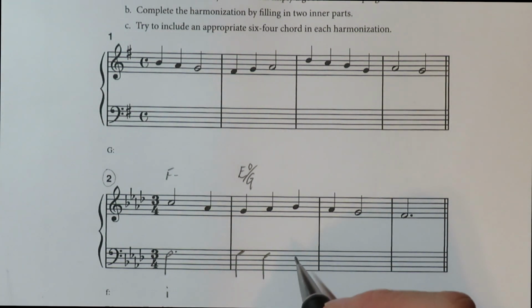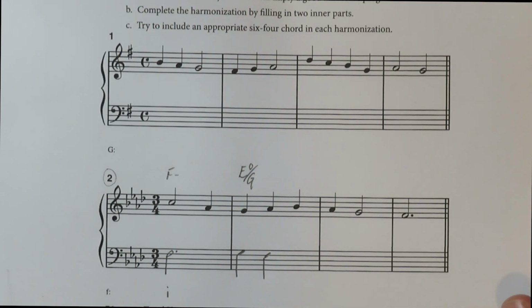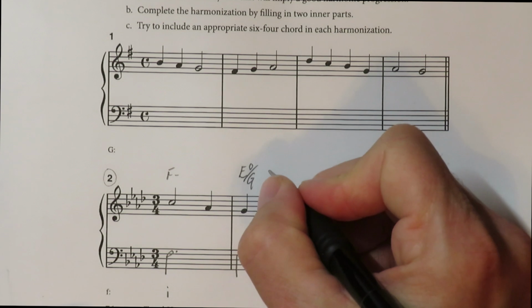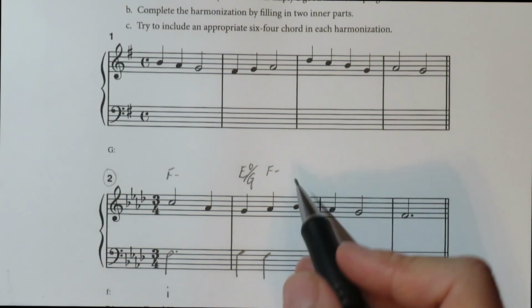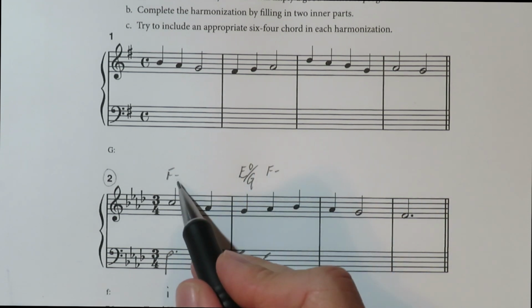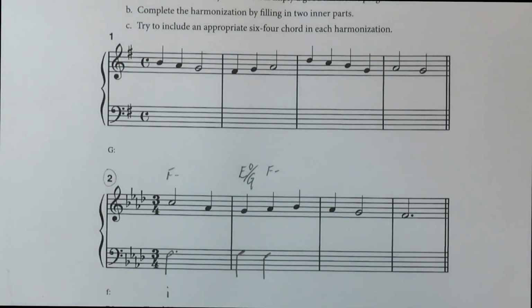Really helps with the sound and with avoiding unwanted parallels. So let's do our lead sheet, F minor. The minus symbol also stands for minor. It's kind of a more contemporary, like a jazz thing. So you can do that if you like.